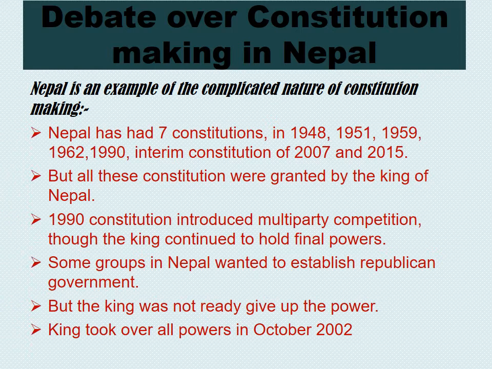But others believed that it may be useful to shift to a limited monarchy with a reduced role for the king. The king himself was not ready to give up powers. He took all the powers in October 2002.